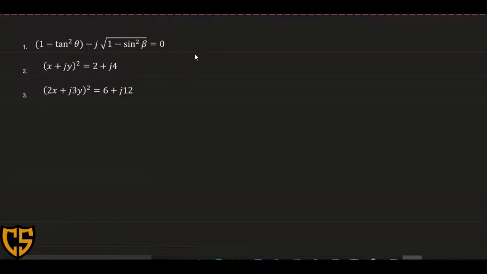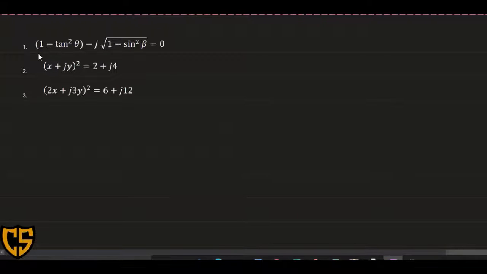So for the solution, we are going to equate the real part of our equation to 0. The real part is 1 minus tangent squared theta is equal to 0.